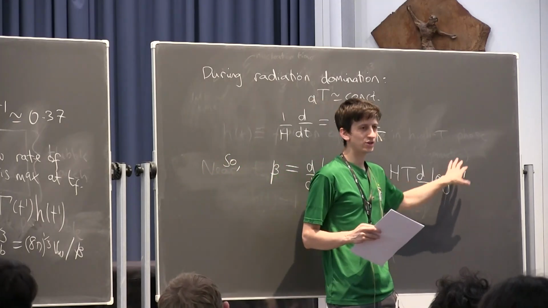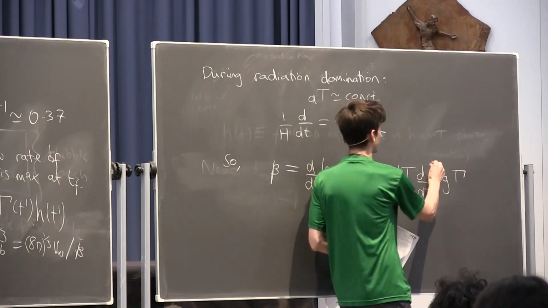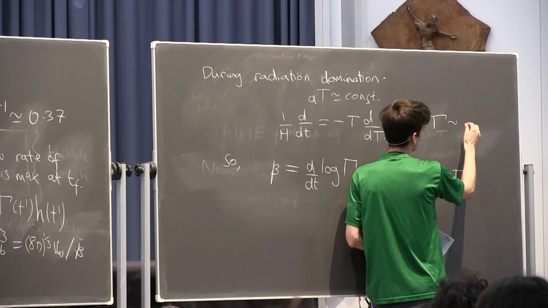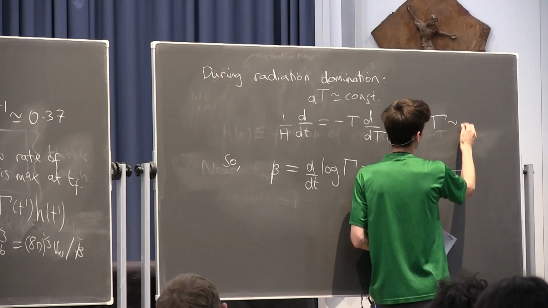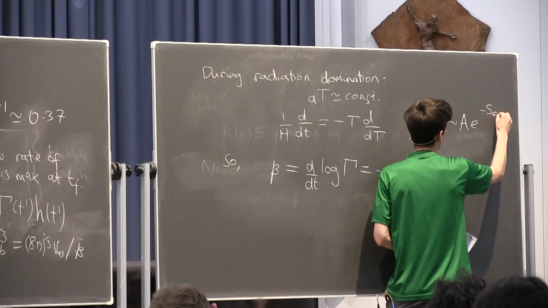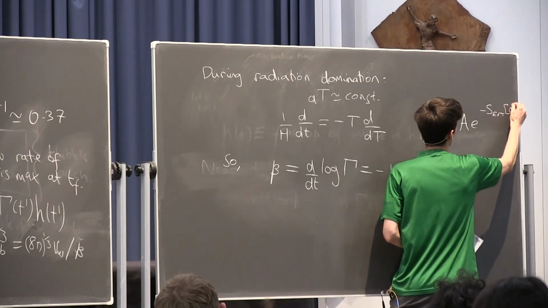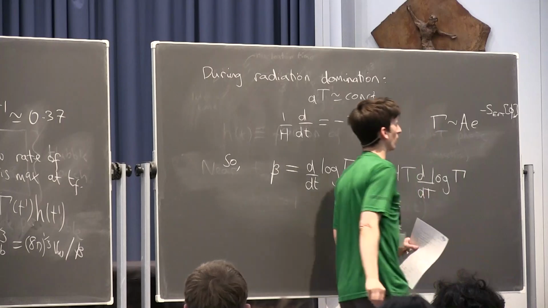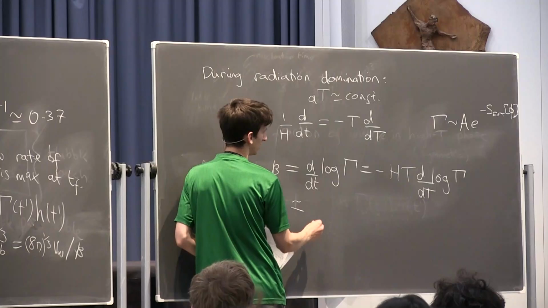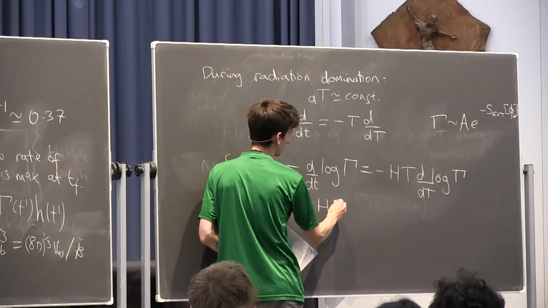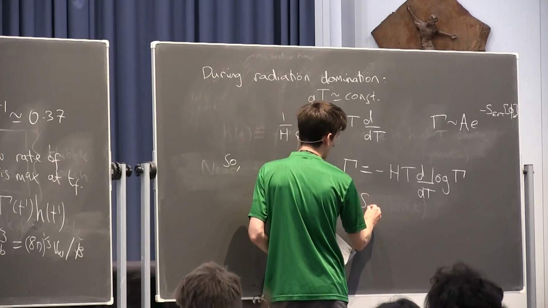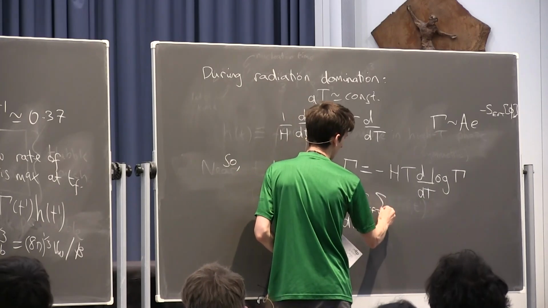And then for the log of the nucleation rate, if we have that gamma goes like some prefactor, I'll call it A again, times e to the minus this nucleation action that we had, evaluated on our bounce, substituting that in, we get minus H times the temperature derivative of our action for the bounce.